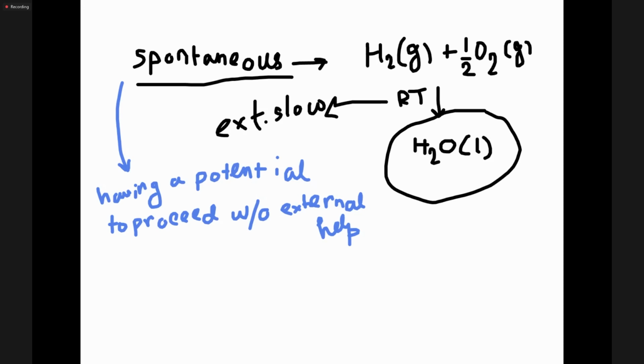Since we have learned a lot about enthalpy in our thermodynamics chapter, that is H, and in many numerical examples, we have seen this term delta H, that is change in enthalpy, now a question occurs: is a decrease in enthalpy a criterion for spontaneity?